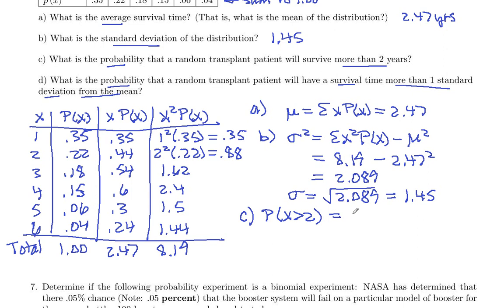Or it might be a little bit easier to do the complement, 1 minus probability that x is less than or equal to 2, because that would be 1 or 2. So 0.35 and 0.22. And that will give you 0.43.